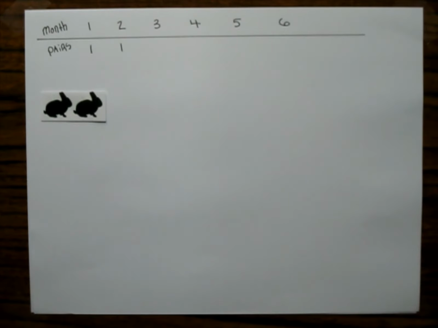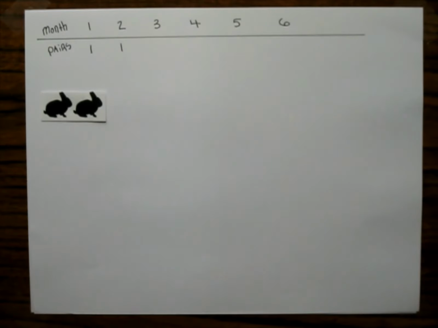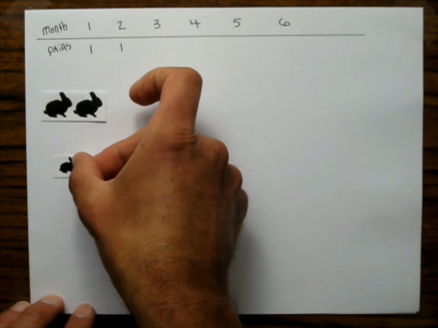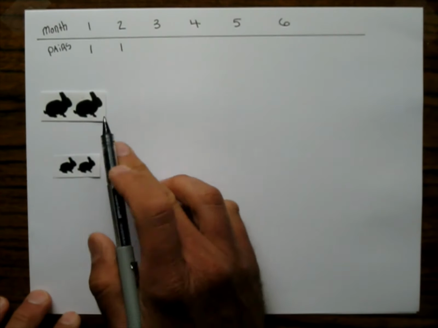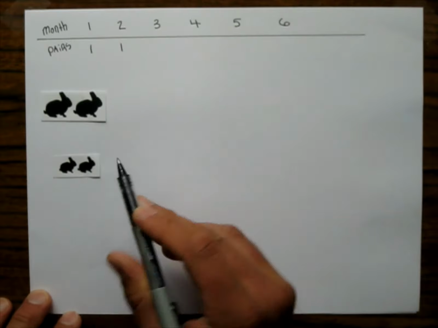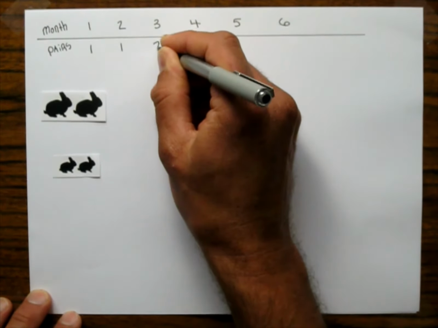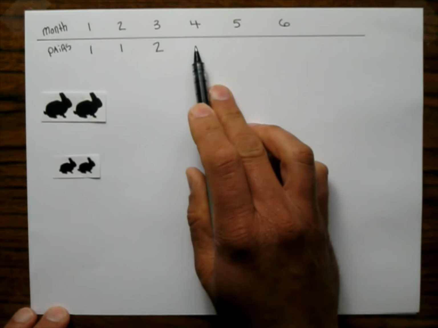Okay, so now this is when things get interesting. At the beginning of month 3, these rabbits are going to have a pair of babies. And so at the beginning of month 3, you have how many pairs? Here's a pair, 1. Here's a pair, 2. So beginning of month 3, 2 pairs. Okay, beginning of month 4.